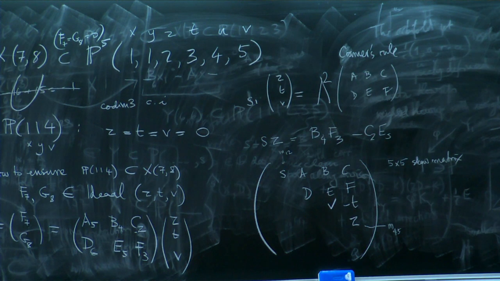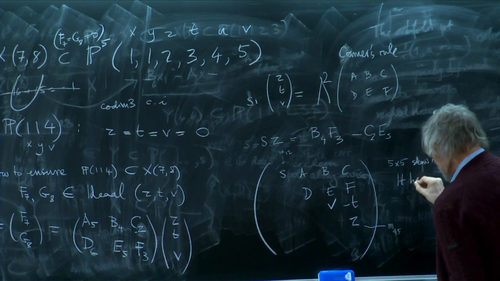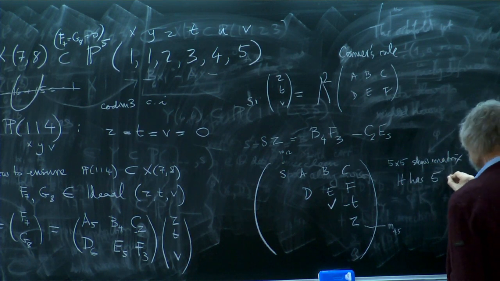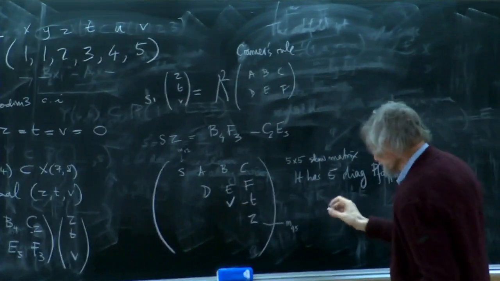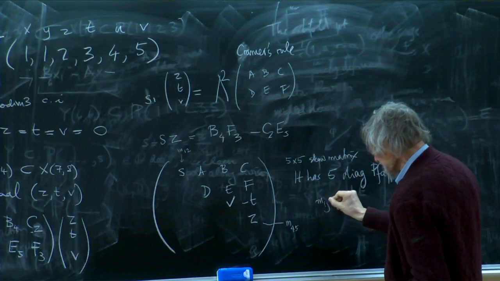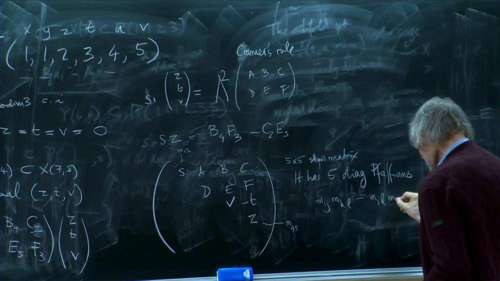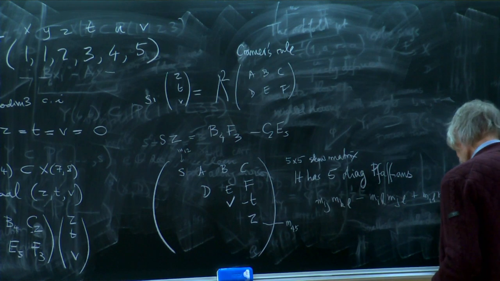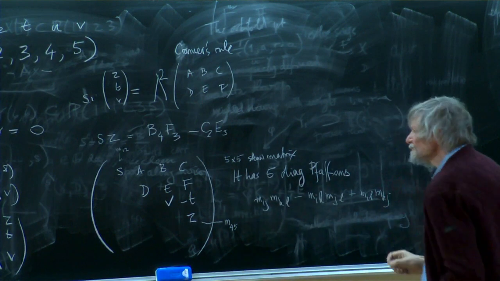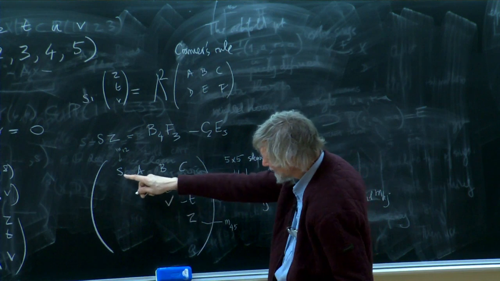I'm going to write down that it has 5 diagonal Pfaffians. Pfaffian means MIJ MKL minus MIK MJL plus MIL MKJ.